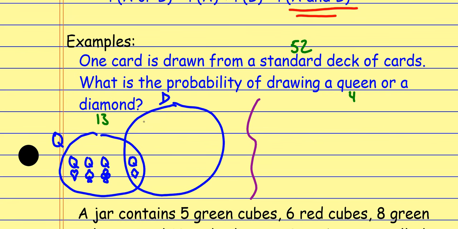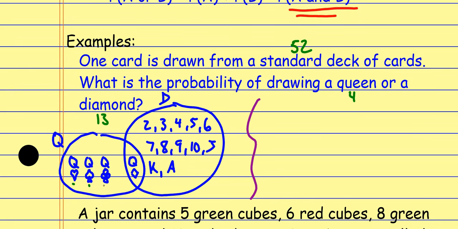And then if I counted up all the diamonds, I would have the 2 of diamonds, the 3, the 4, the 5, the 6, the 7, the 8, the 9, the 10, the jack, the queen, which is already listed in the middle here, the king, and the ace. And so if I started counting all this up from a Venn diagram perspective, let's see what happens.